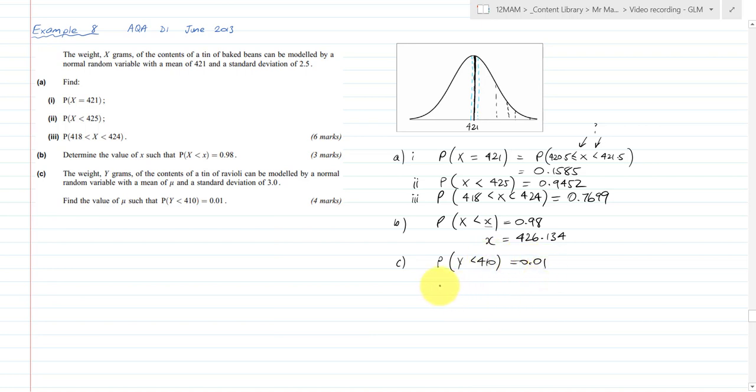I'm going to use this time my solve n on my normal CD, and this time my lower bound will be 0 again, my upper bound will be 410. Now that's quite low, keep in mind, but it's a different tin, so we don't know what the mean is. My standard deviation is 3, my mean will be x, I want this to equal 0.01, and I want to solve for x.